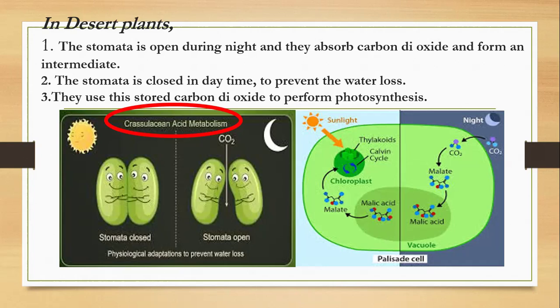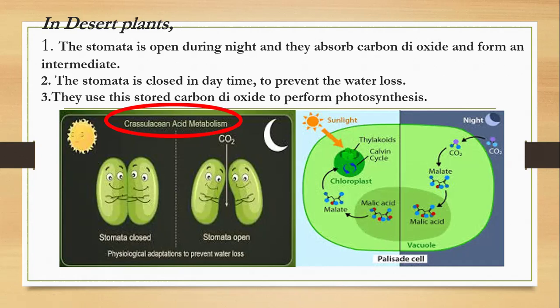So during the daytime, what happened? During the daytime, they close their stomata, right? In this figure, we are observing that the stomata are closed. The sun is there, so it's daytime. And night time, what happened? The stomatal pore is open.